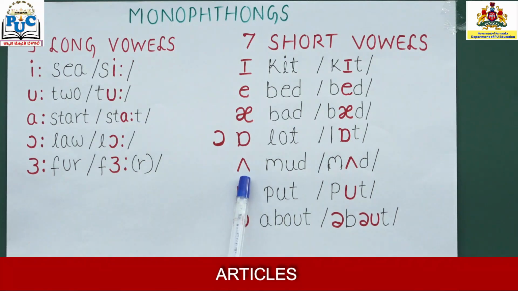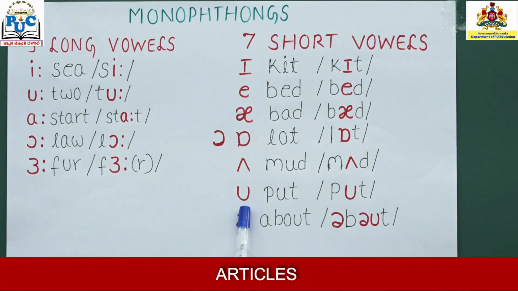And this is a, as in mud. And this is u. In Kannada you have u, but do you have a letter for u in English? No. You have it in phonetics.